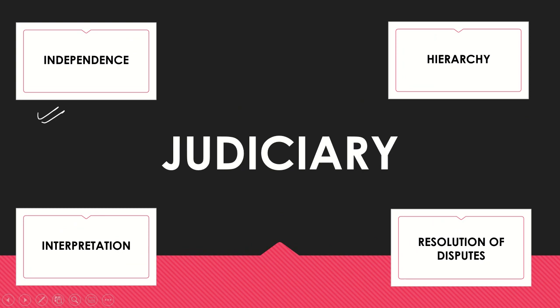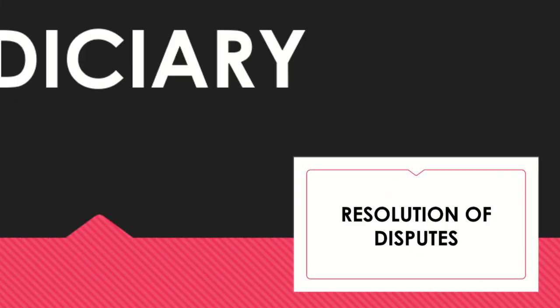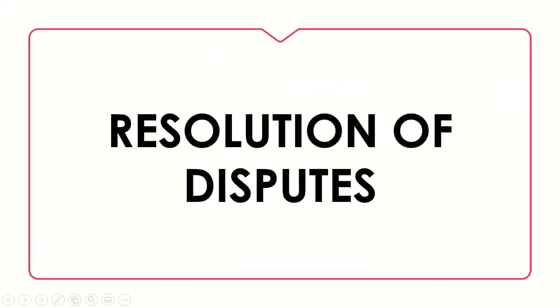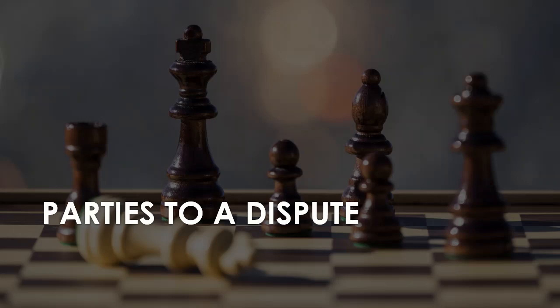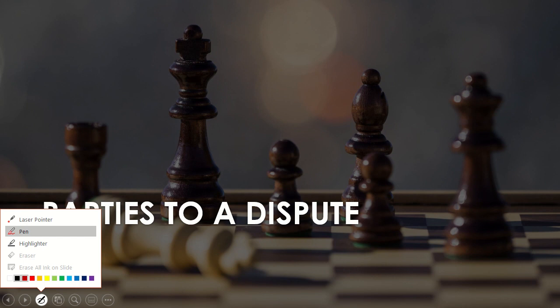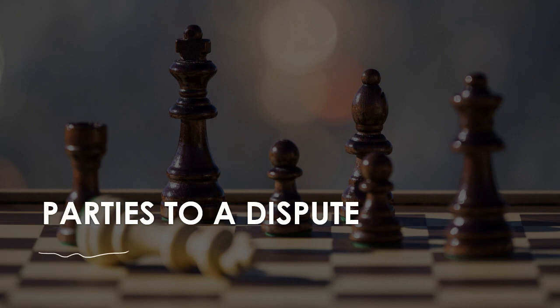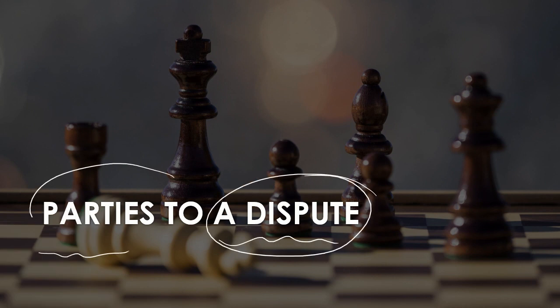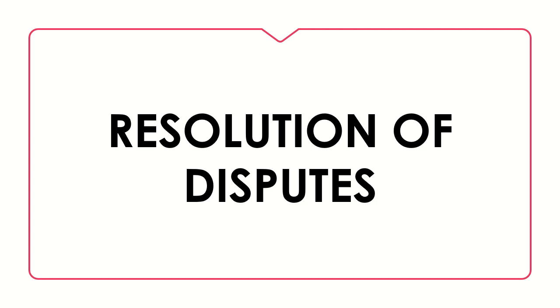Finally, what we need to know is that the judiciary resolves disputes. What does that mean? If there is a dispute, it means there will be parties to a dispute, right? You must remember that the judiciary operates by resolving disputes, which means two people should come to the court, two or more people should come to the court.